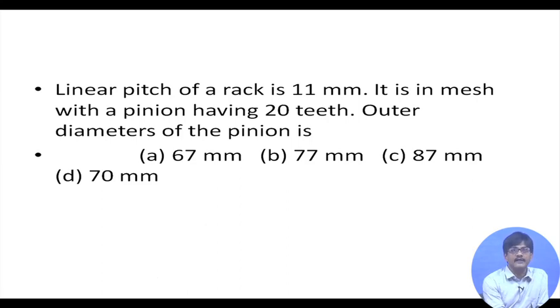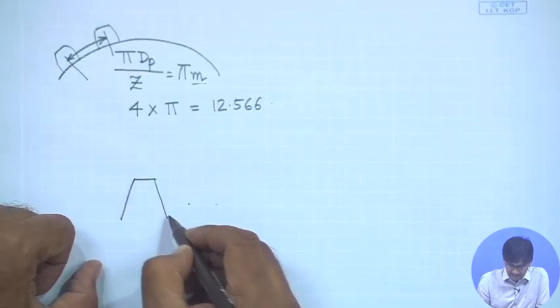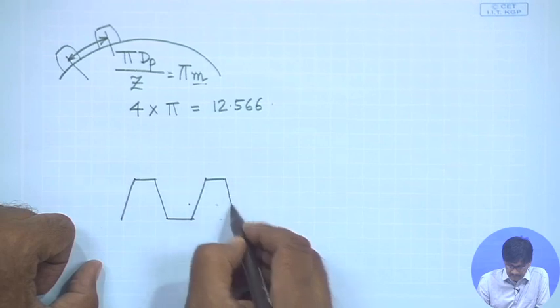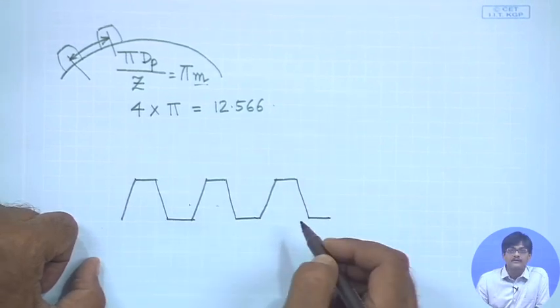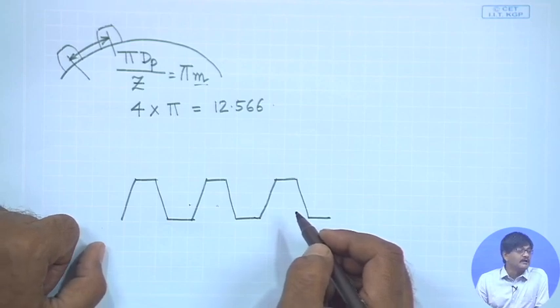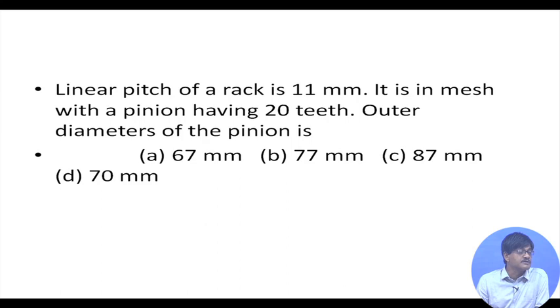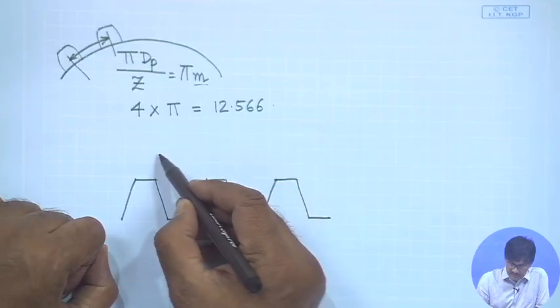Linear pitch of a rack is 11 millimeters. So, let's draw a rack. It is in mesh with a pinion having 20 teeth. Outer diameter of the pinion is. So, this is the pinion.